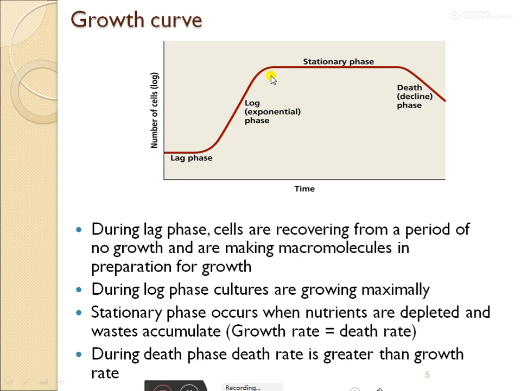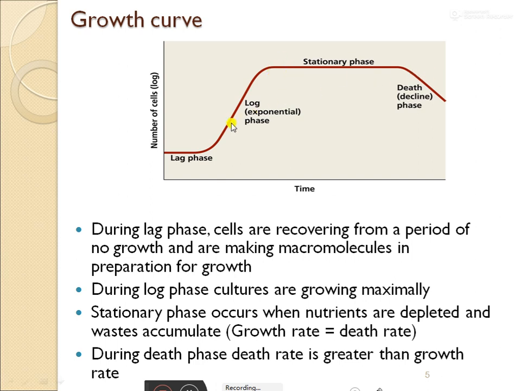In the third stage, the stationary phase occurs when the nutrients are depleted and waste accumulates. That means during the log phase, whatever nutrients are available in the surroundings, these cells will try to acquire and accumulate them, which decreases the amount of nutrients.